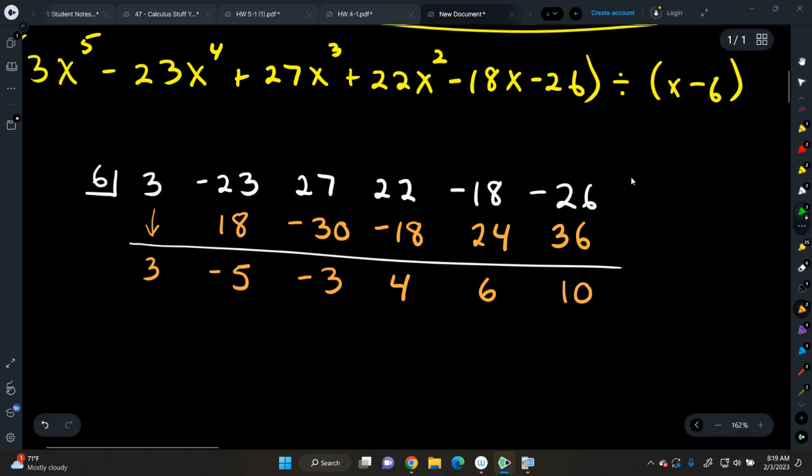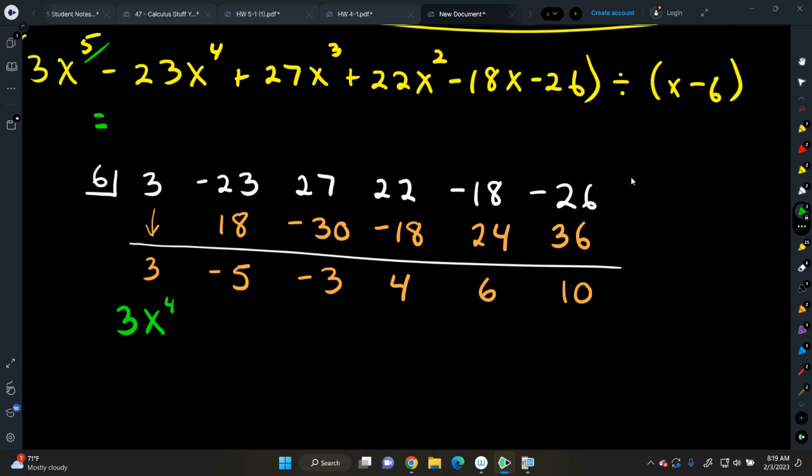Okay? So now my answer to this division, my quotient, is, I'll write it down here, 3x to what power? 4. It's always 1 less than that, right? Now we have to do every exponent down. So the next one has to be to the third.